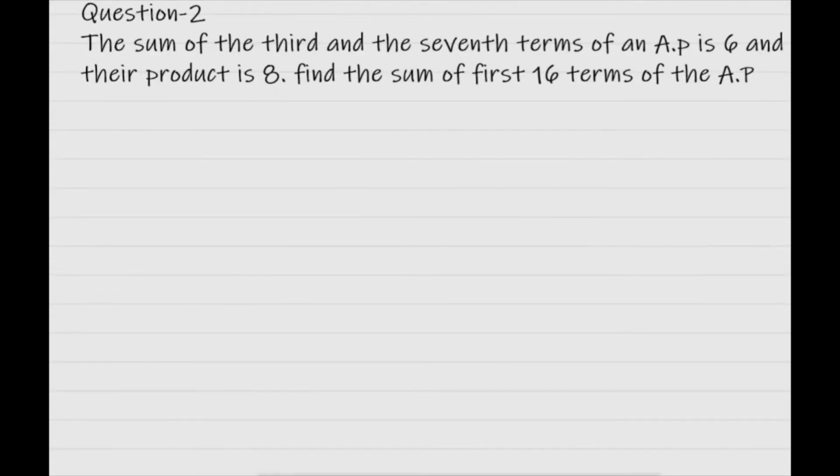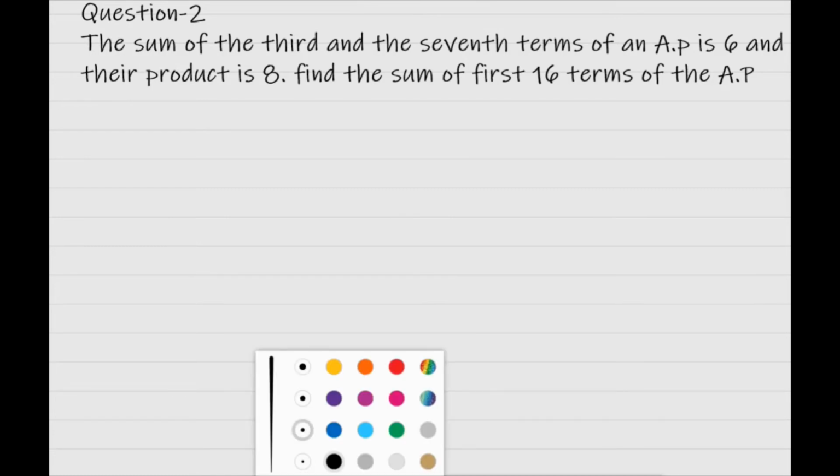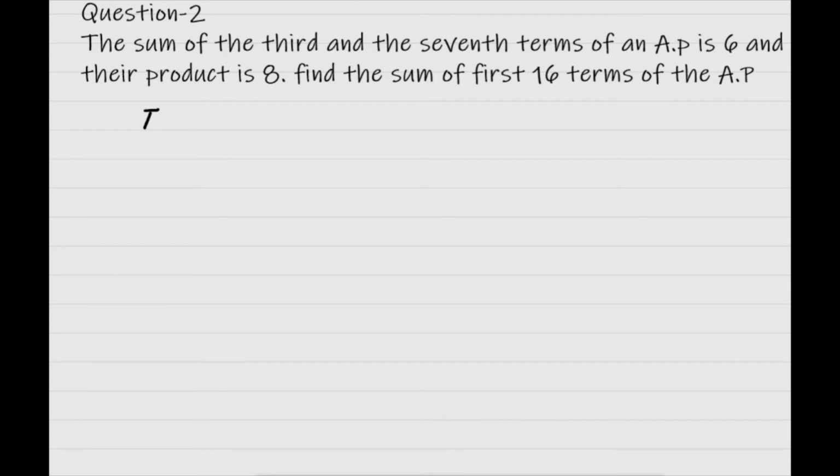The sum of the third and the seventh terms of an AP is 6 and their product is 8. Find the sum of the first 16 terms of the AP. Now children, what you have to do is just write down what is given. Sum of the third and the seventh terms, that is T3 plus T7, is equal to 6.